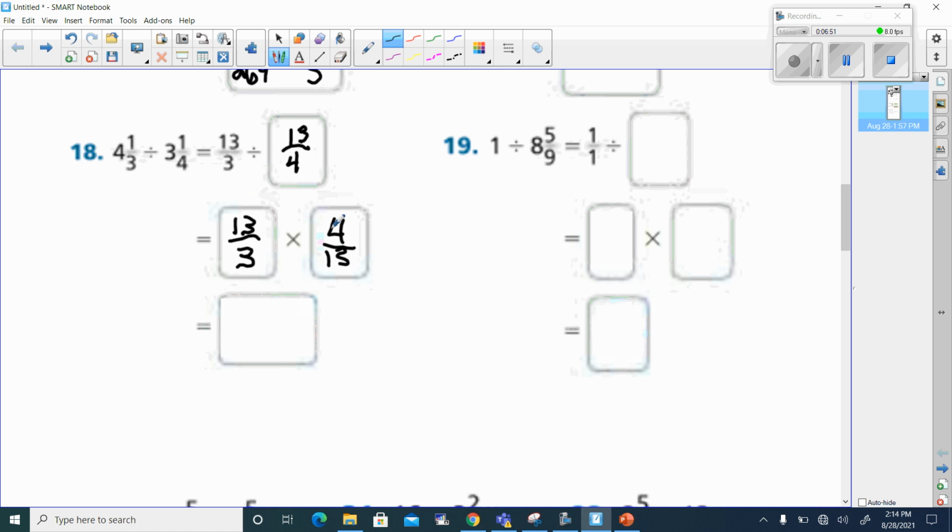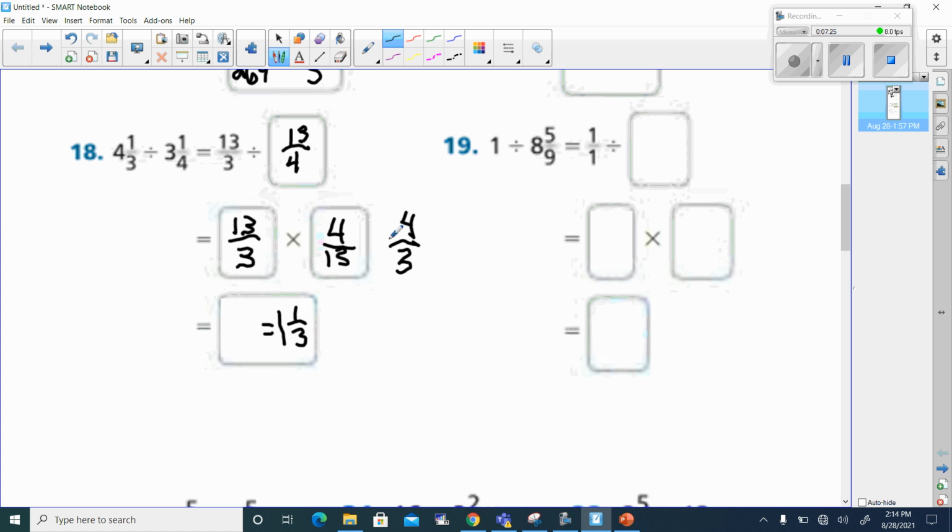And you can see now, using the butterfly method, why it would be so useful. Crossing out these 13s that obviously are both divisible by 13 will leave me 1 times 4, which is 4. Oh, I'm not going to write that yet. And then 3 times 1, which would be 3. And the reason I didn't want to write it is I still have an improper fraction. This would really be 1 and 1/3, because 3 goes into 4 one time with 1 left over.